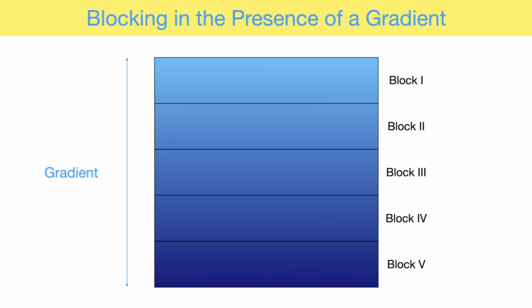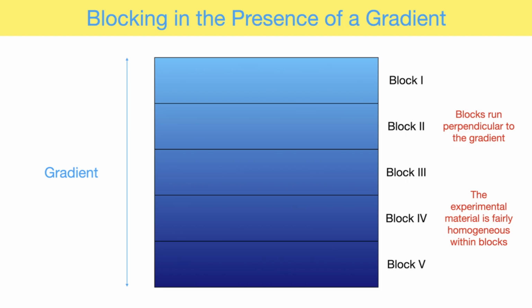That's perpendicular to the vertical direction of the gradient. Notice that the experimental material is fairly homogeneous within each of these blocks. So what I've done is create 5 blocks, and I've constructed them in such a way that the material within each block is fairly homogeneous.